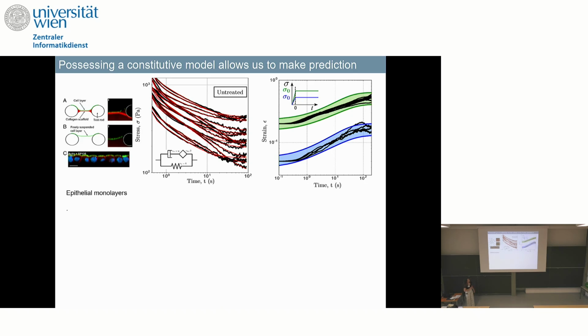As you can see, it's a bit noisy. So we fitted these curves with the fractional models, and then we used the extracted parameters to predict the creep response. And as you can see, of course, the parameters do have some range, so the K and eta and C beta. And you can see that the prediction for 2 levels of stresses is quite good.